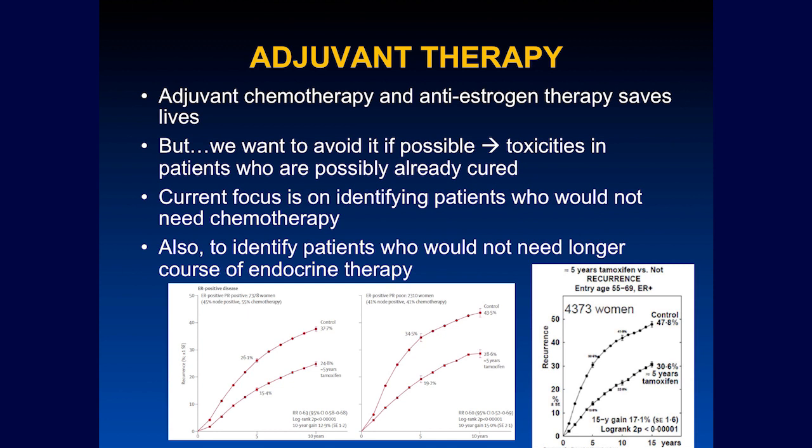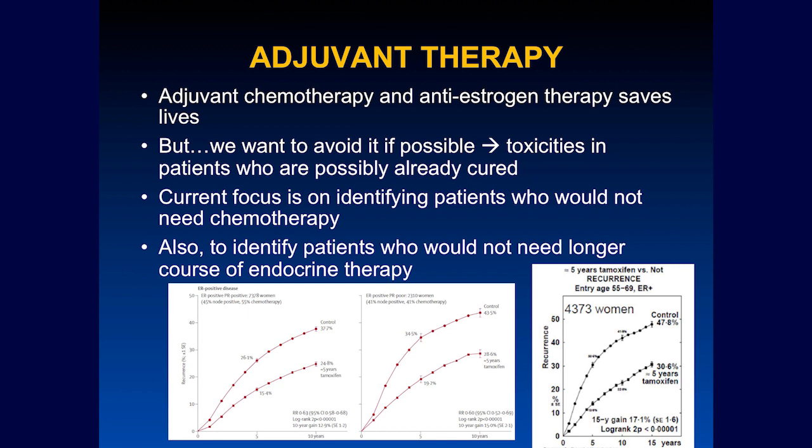And the adjuvant therapy is where you're actually delivering systemic therapy to women who do not have metastatic or stage 4 therapy, and predominantly involves use of chemotherapy or use of hormonal therapy or anti-hormonal therapy. And we know that using both actually helps save lives.